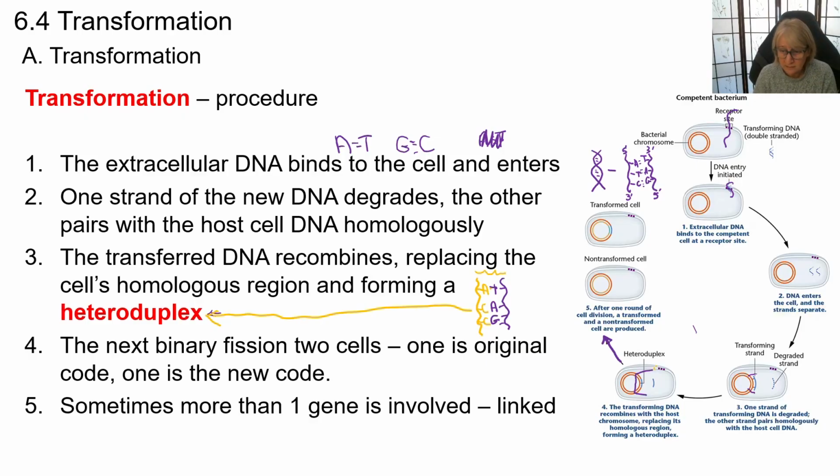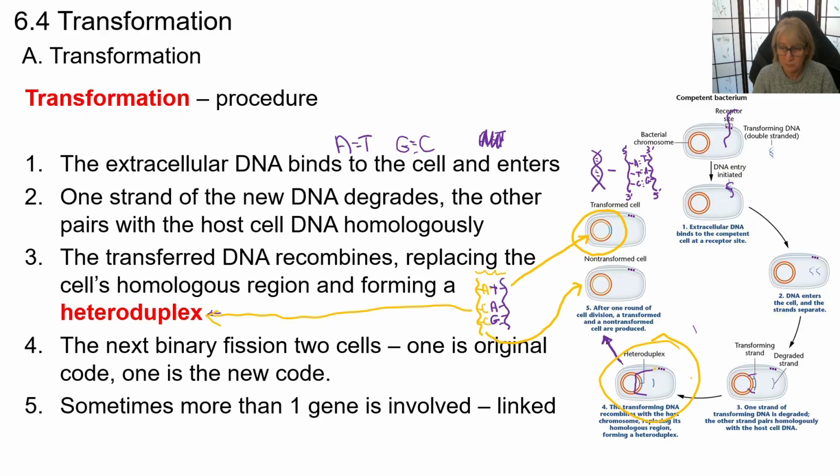The next time this cell goes through binary fission, it separates the strands of DNA. It makes copies of those DNA strands. It goes through DNA replication. One of those copies will be of the inserted DNA. One of those copies will be of the not inserted DNA.